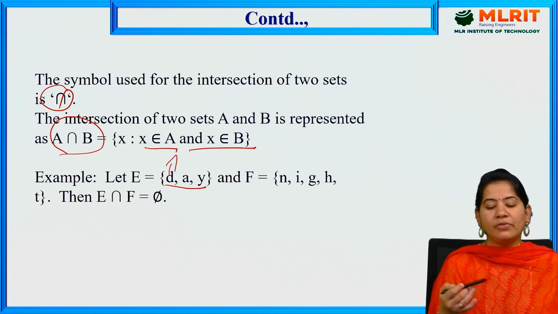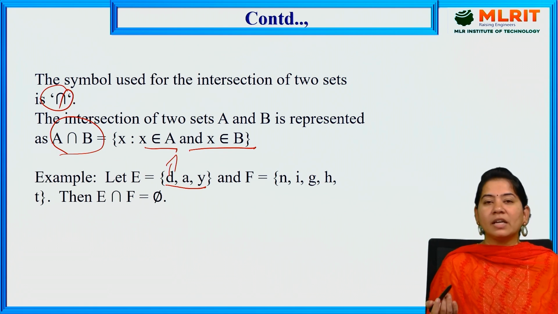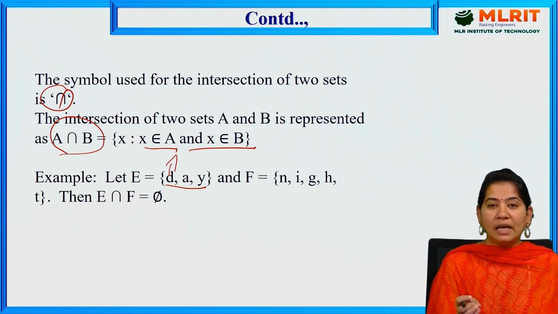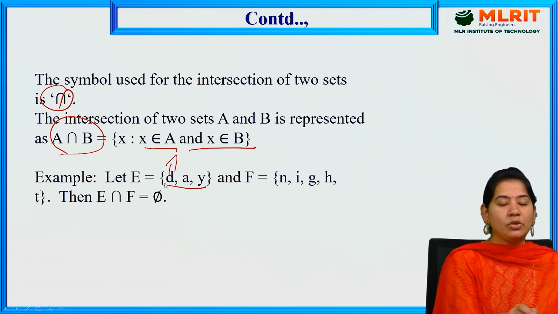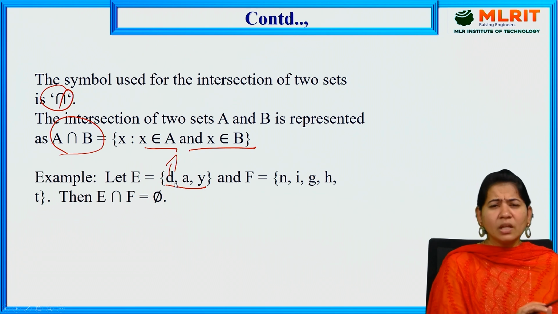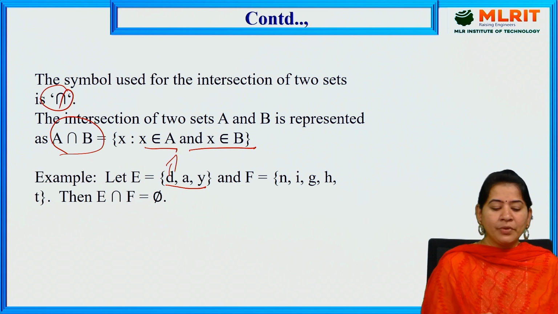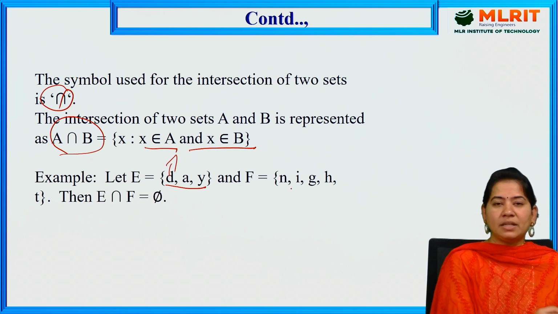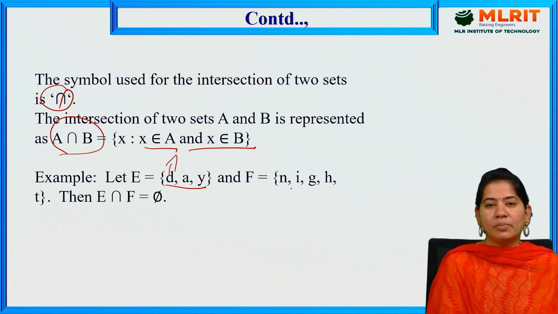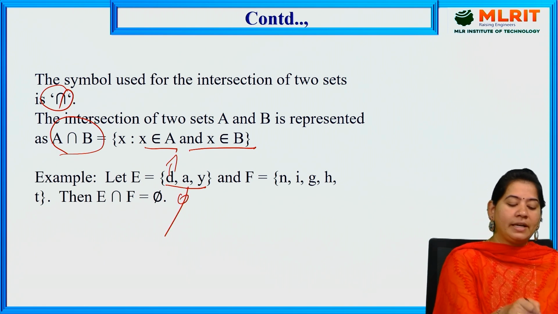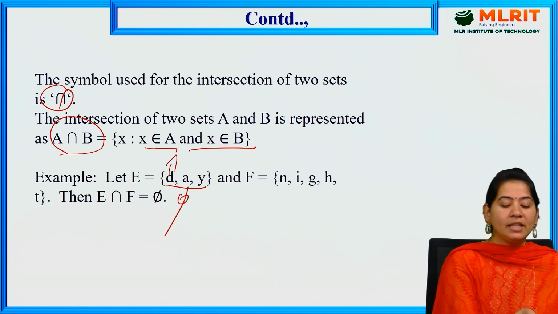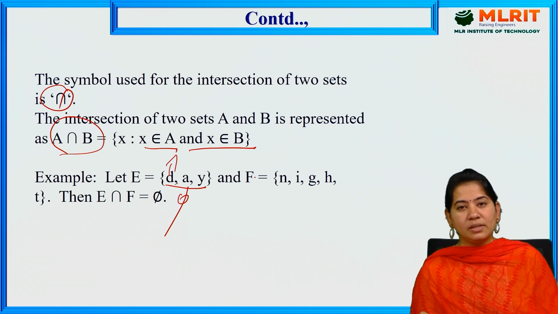We are considering them only as the elements of the respective sets, E and F. Our task is just to observe whether we have common elements or not from both sets. If we observe D, A, Y, N, I, G, H, T, I did not find any common element, any common alphabet. Then obviously you can write it as phi, and we can say that E and F are called disjoint sets.